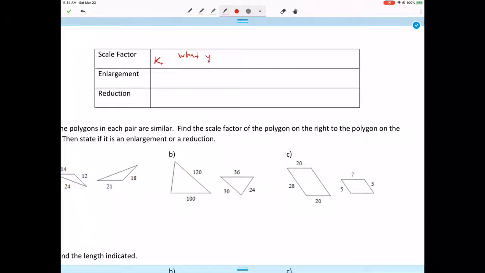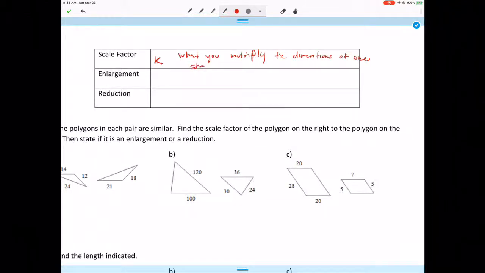What you multiply the dimensions of one shape to get the dimensions of the other shape.